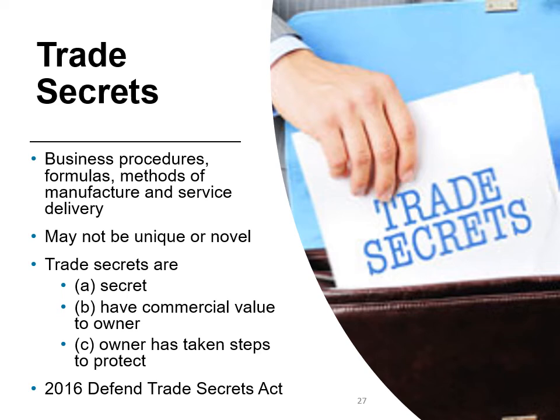That can also be protected. Maybe not unique and novel, but owners can protect their recipe and formula from being copied by other parties. Trade secrets have commercial value to the owner, and the owner has taken steps to protect them.